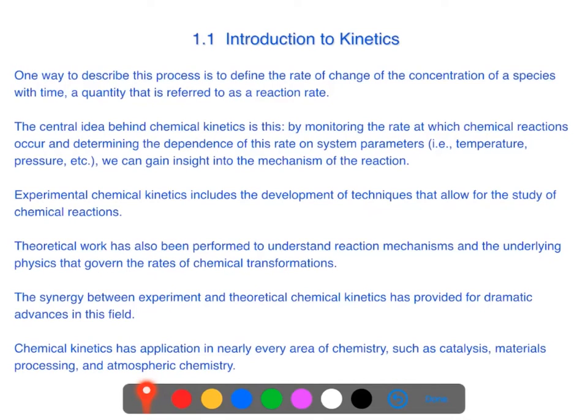It really is a synergy between experiment and theoretical chemical kinetics that has provided for dramatic advances in this field. Chemical kinetics has literally application in every area of chemistry and biochemistry, such as catalysis, materials processing, and atmospheric chemistry, to name a few.